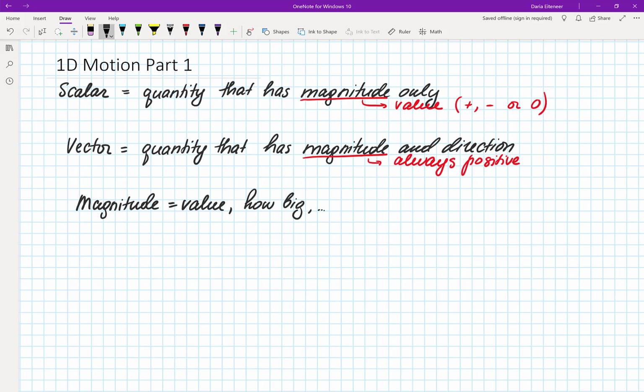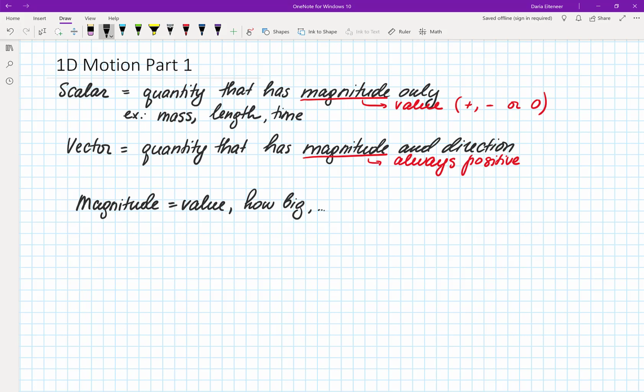Some examples, something from everyday life. For a scalar: mass, that's something that you already know. Notice how I didn't say weight, I said mass. Different ideas. We'll have to talk about that too at some point. Length, that's also something that you know.